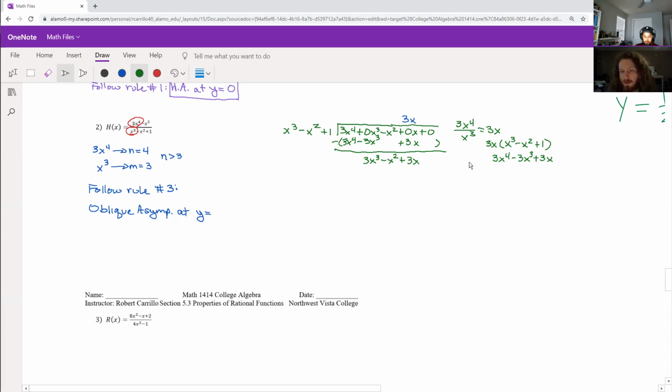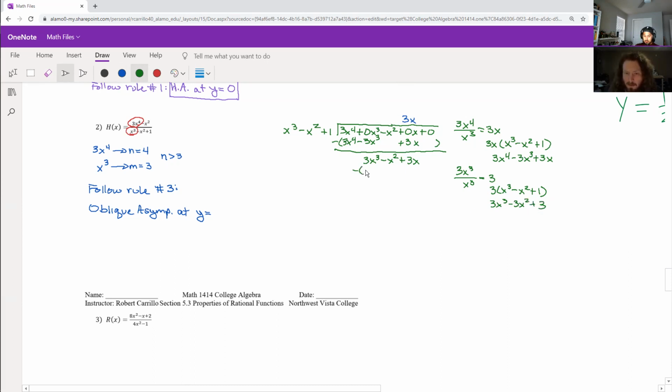Okay, so then let's go ahead and do our next one, and we'll get 3x cubed divided by just x cubed. And this gives us 3. Take 3 and multiply it by the divisor again. And we get 3x cubed minus 3x squared plus 3.